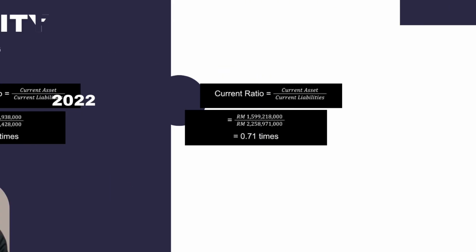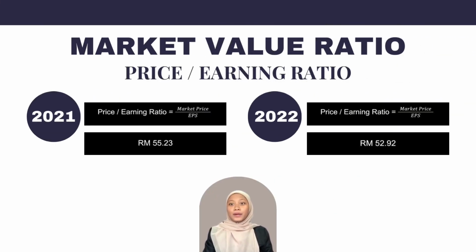A company's current stock price is used to determine its price-earning ratio and to evaluate a business against its past performance or to evaluate chances in the overall market over time. In addition, analysts and investors can use the price-earning ratio to evaluate the company's stock relative to others. Based on the calculation, the price-earning ratio in the year 2021 is 55 ringgit 23 cents and in the year 2022 is 52 ringgit 92 cents.